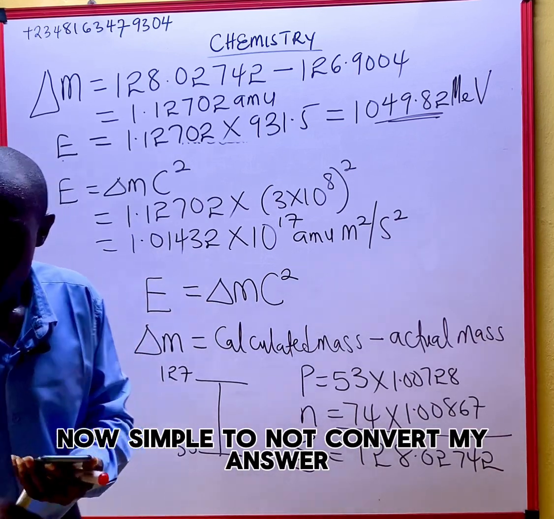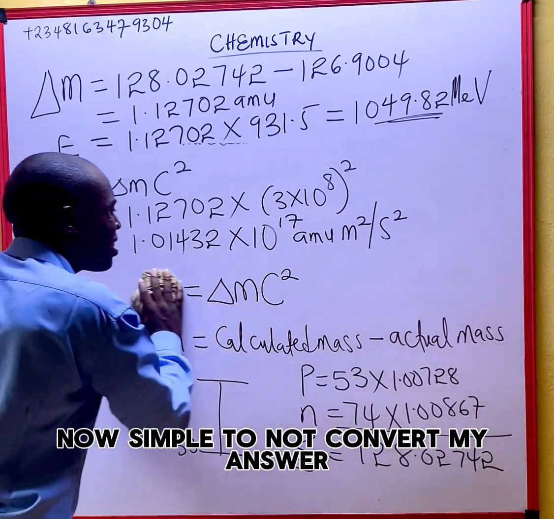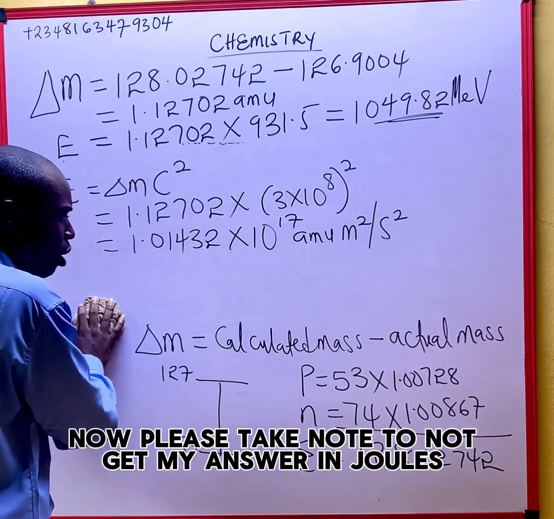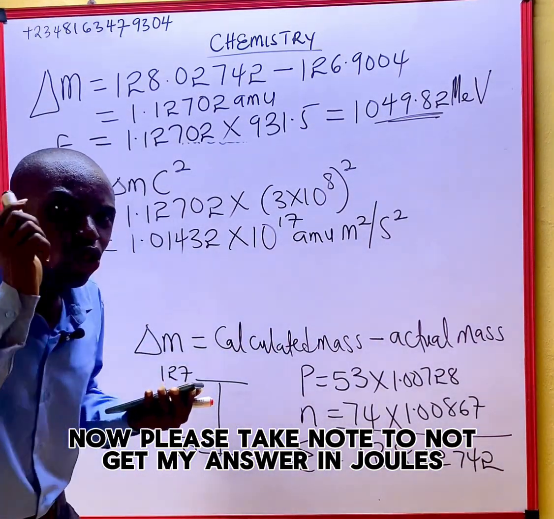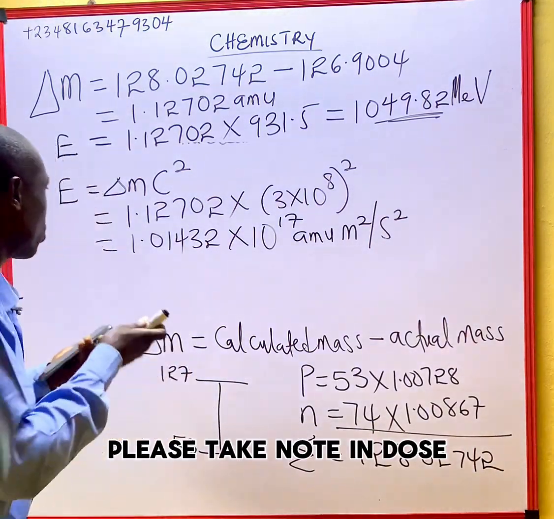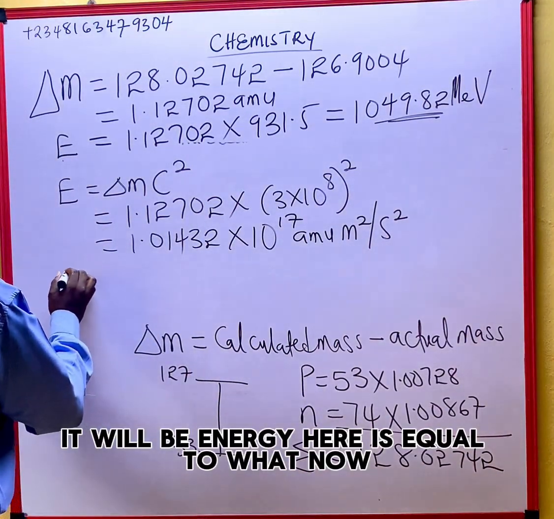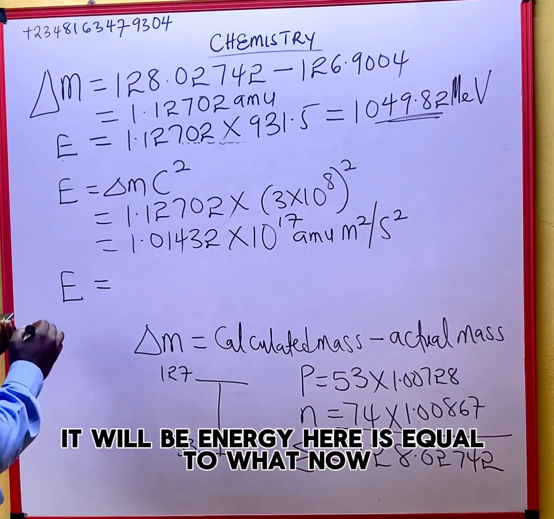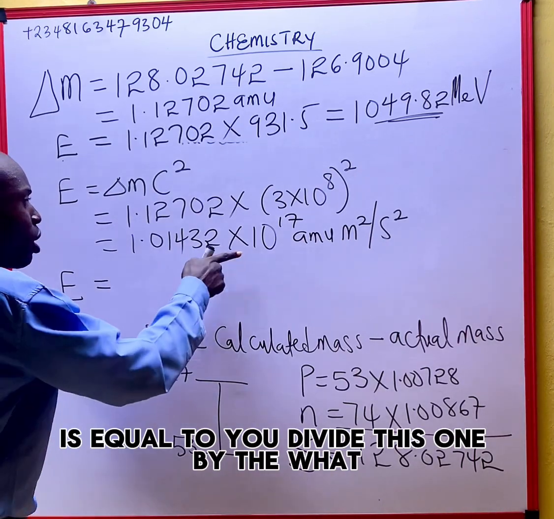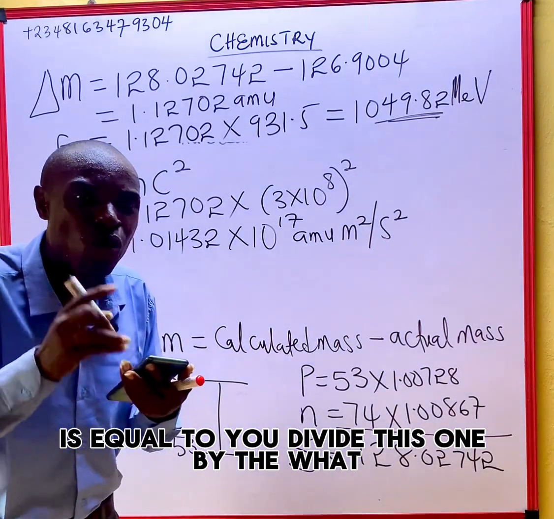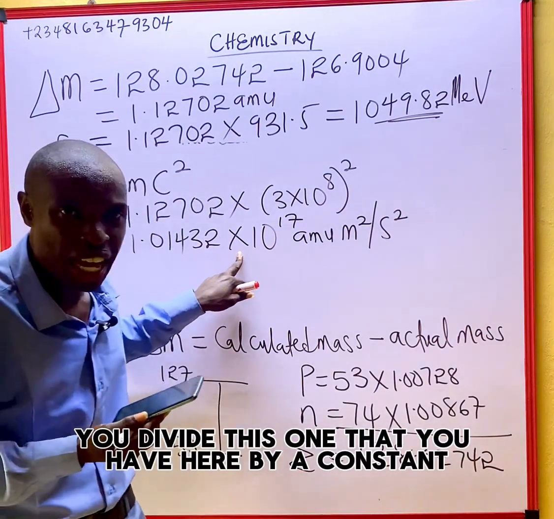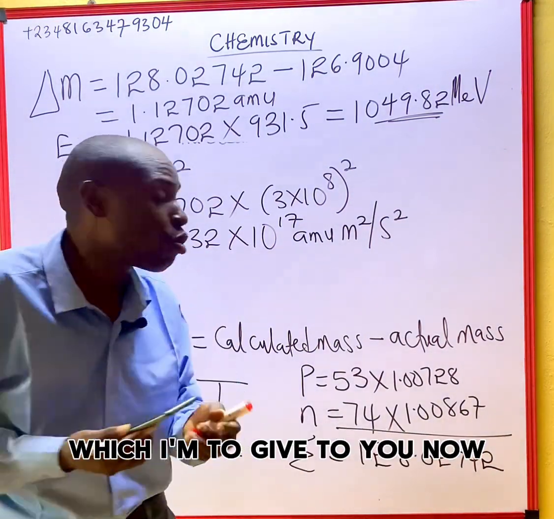Now, simple. To now convert my answer to joules, please take note. In joules, the energy is equal to, you divide this one that you have here by a constant, which I'm going to give to you now.